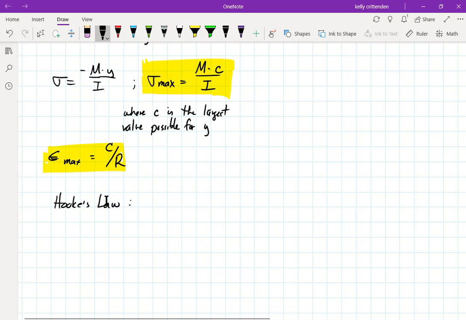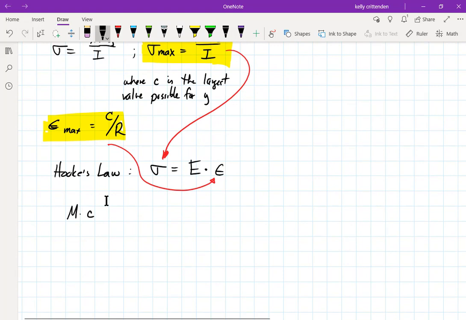And Hooke's law said that in this scenario, when we're talking about tensile strain, sigma equals E, the modulus of elasticity, times epsilon. So I can take sigma, plug in here. I can take epsilon, plug in here, and then my equation looks like this.